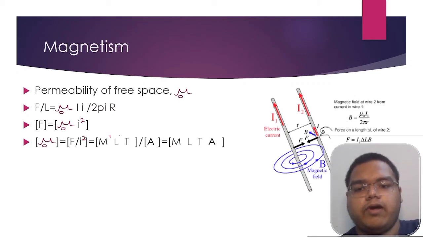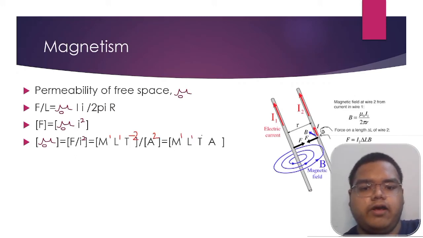So it will be M to the power 1 L to the power 1 T to the power minus 2 divided by A squared, which will be equal to M to the power 1 L to the power 1 T to the power minus 2 A to the power minus 2. Done.